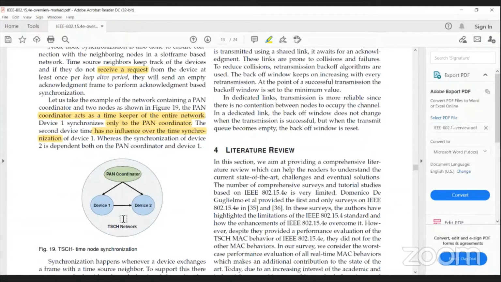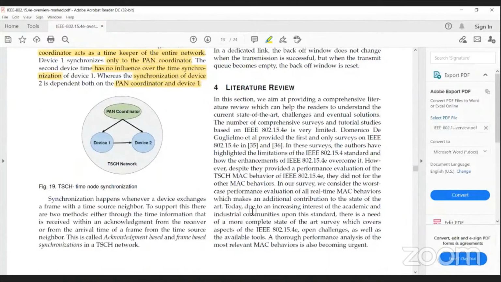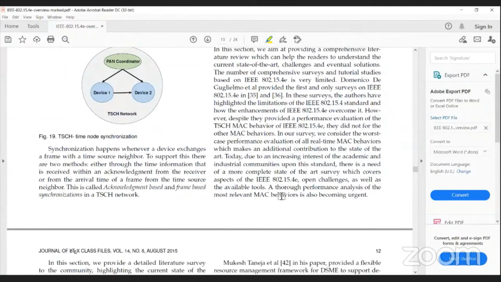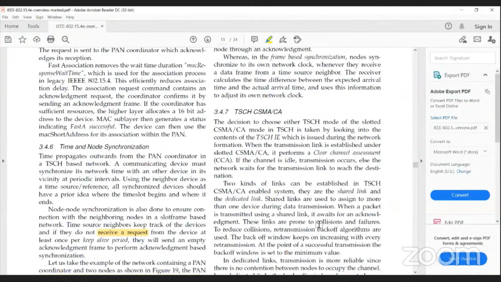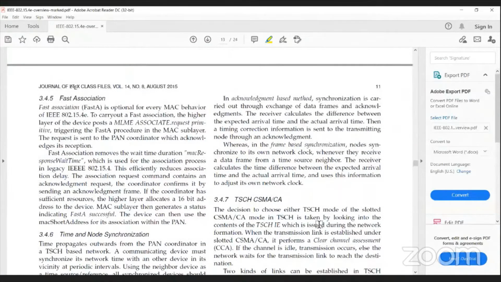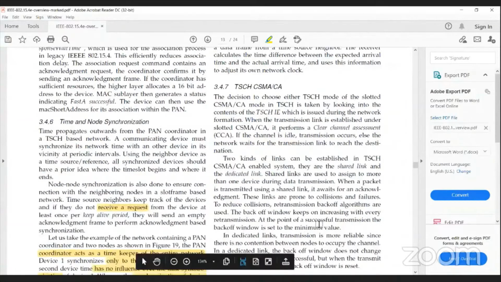That means device 1 is not influenced by device 2 because the arrow, as you can see, is in this direction. Whereas the synchronization of device 2 is dependent on both of them, the PAN coordinator as well as device 1. So essentially, it has all these nice things about frame-based and ACK-based synchronization and so on. So I think this has given you some idea on overall how TSCH works.